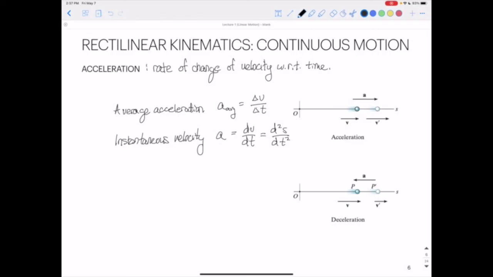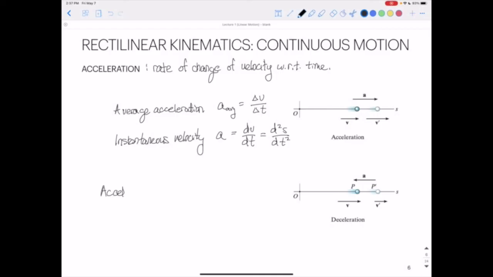So there's one more point about acceleration. If acceleration and velocity are in the same direction, which means that the direction of acceleration is the same direction that the particle is moving, so a particle is getting faster, we call that acceleration.